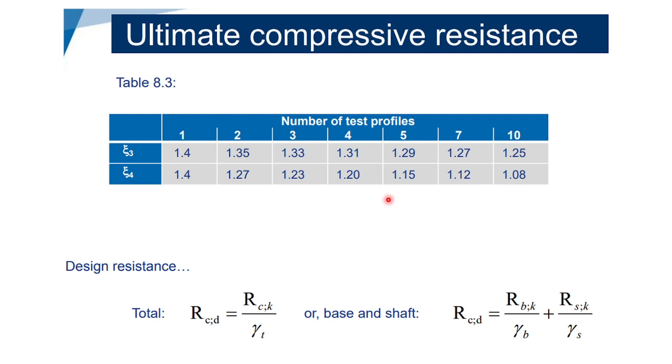Alright, now for our design resistance, take note that this resistance is going to be compared to the design actions. Again, as we say, the design action has to be smaller than the resistance for it to be safe.